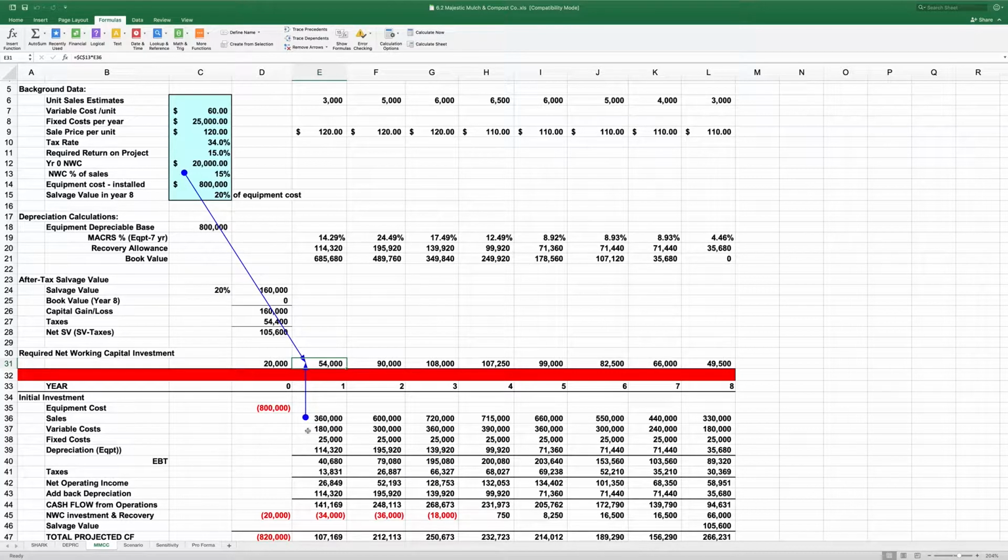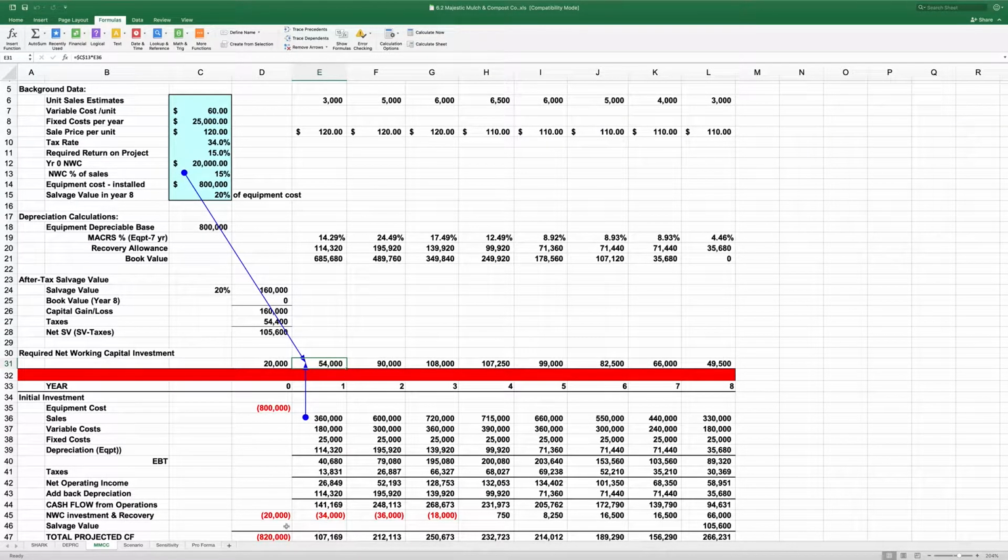Now, if you look at the second year's net working capital, 90, how do we do that? It is 15% times F35. So those are the net working capital levels. But in the net working capital changes, the investment changes.